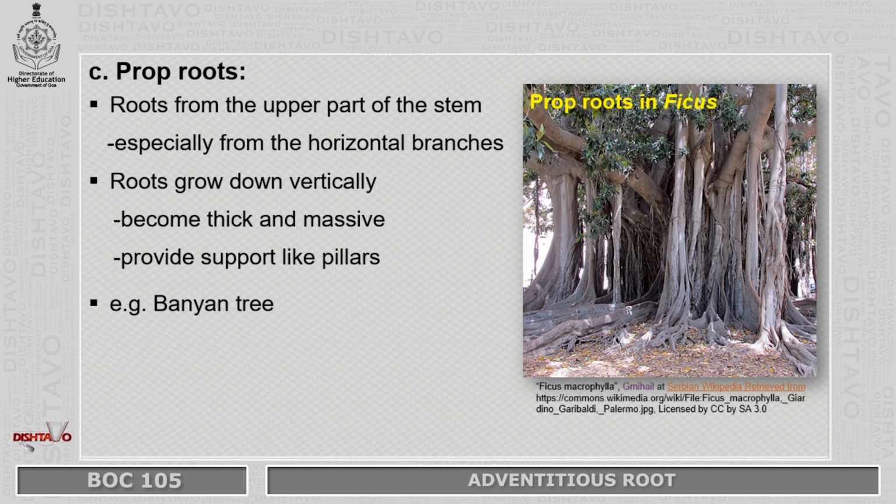As the horizontal branch grows and extends further, it will be supported by many more such prop roots, and they play a very important role in the growth and extension of these trees. The best example for this type of prop roots you will find in Ficus, that is especially the banyan tree.